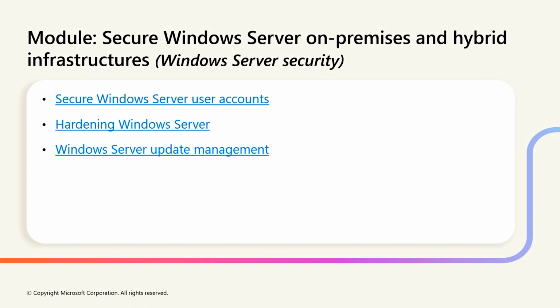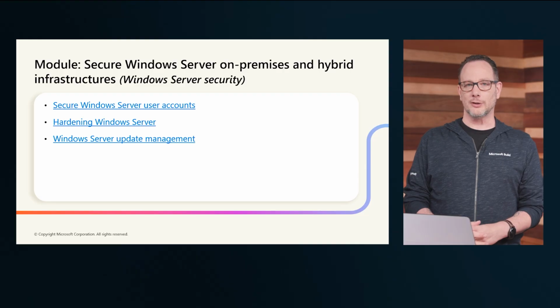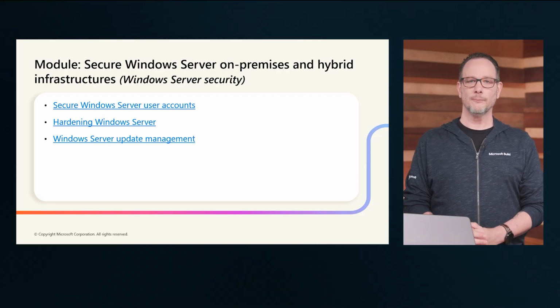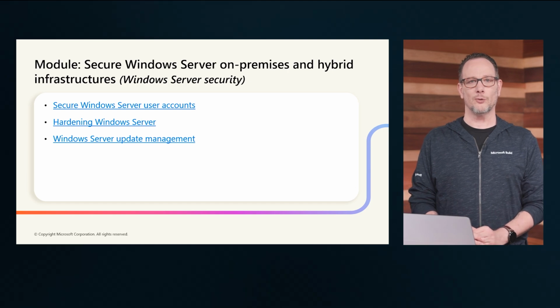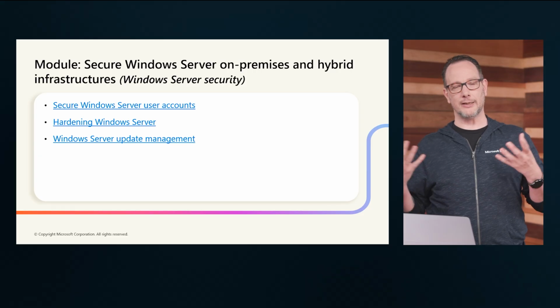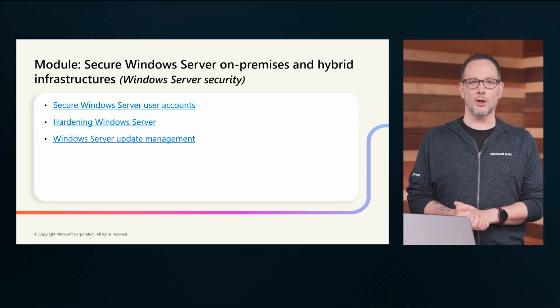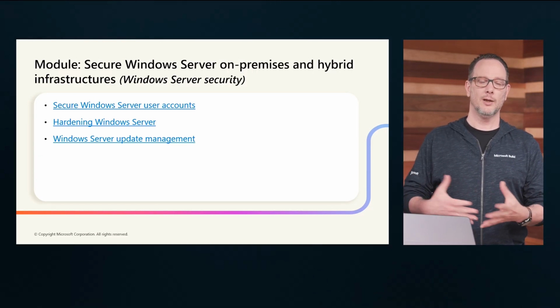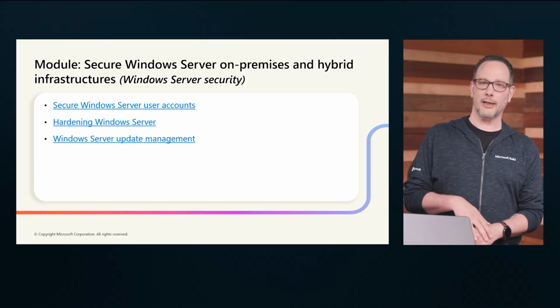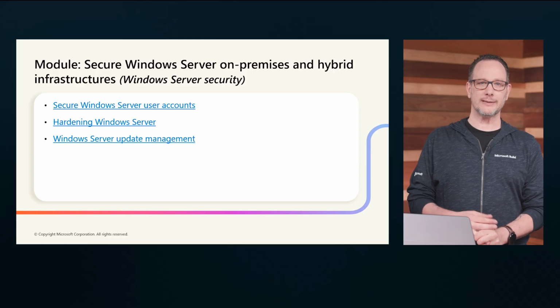And with that, I also like to wrap up this module where, remember, it was all about securing Windows Server on premises primarily, but then also the little lean into hybrid, because that's really what AZ-801 is about. But for this module, we mainly touched on Windows Server security, managing, protecting the security optimization of the server operating system, where we started a long time ago, securing Windows Server user accounts, some guidelines, best practices.